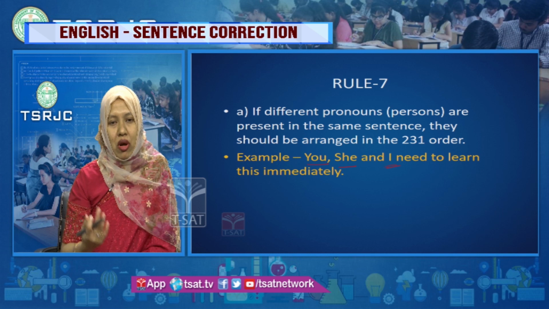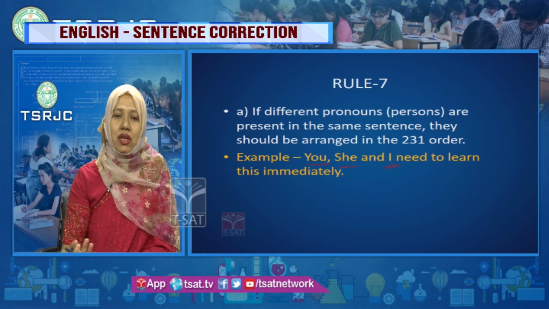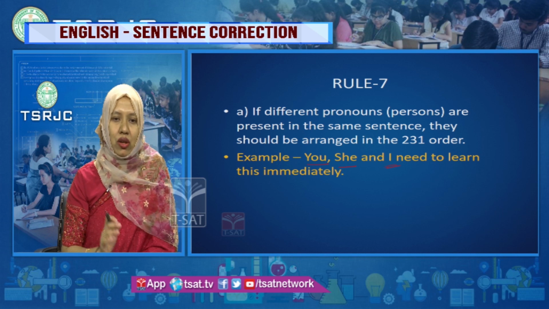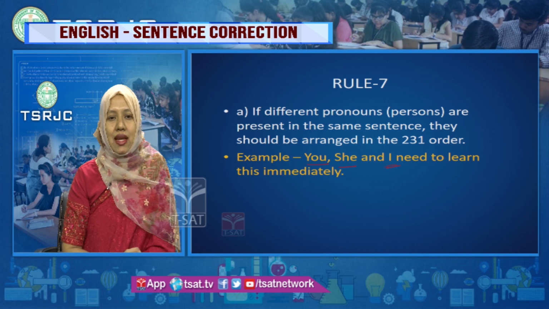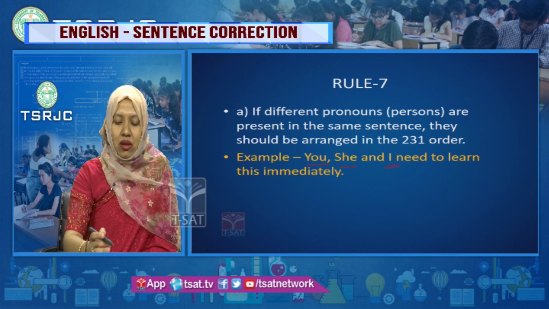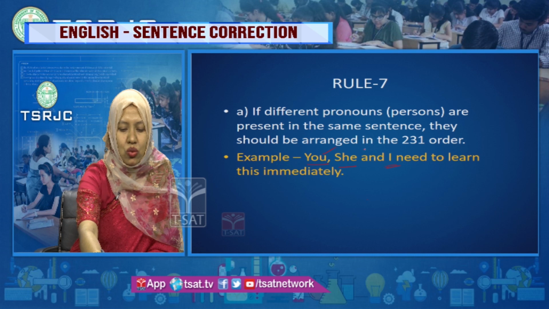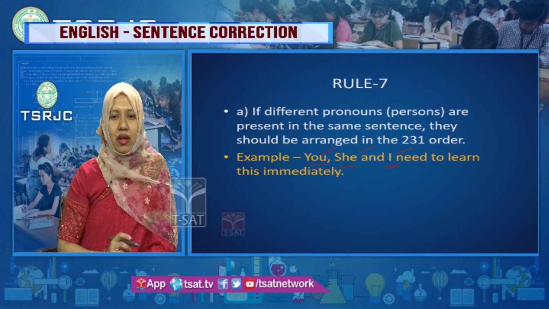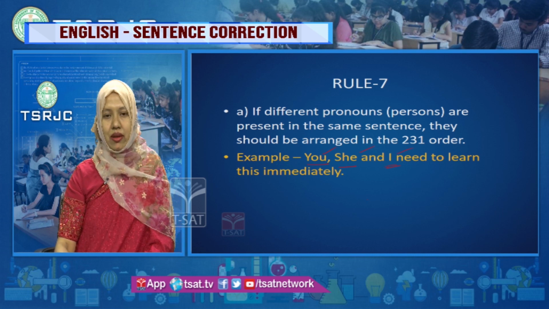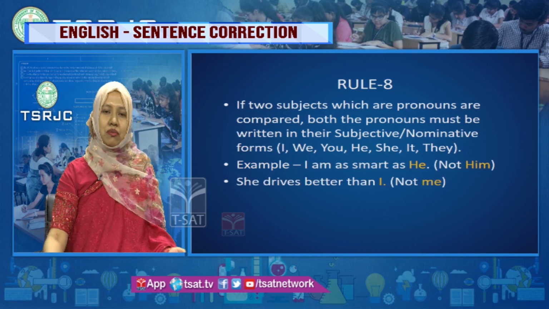So, when you talk about the second person, the third person, and the first person, you have to follow this order, 2, 3, 1 order. Here in this example, you, she and I need to learn this immediately. If you have exams, for this exam you have to learn this immediately. I hope this is clear. Let us move to the next example.